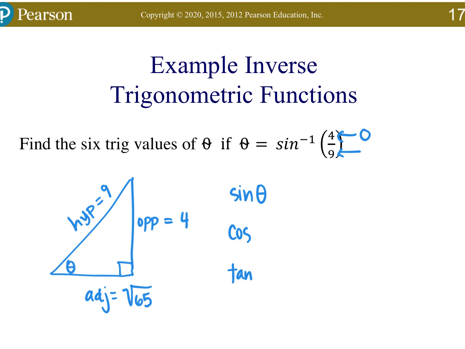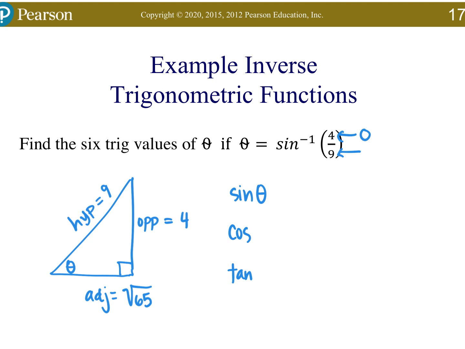If sine was not an inverse, then 4/9 would represent the value of the theta in here and not the value of the sides. When it's an inverse, we're looking at the value of the sides. When it's not, we're looking at the value of the angle. Because in a right triangle, we don't have negative sides.